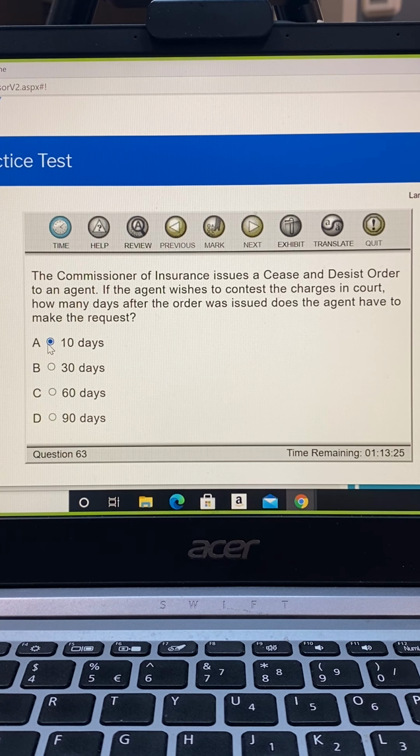I think I missed this one on the practice test because I had picked 10 days, but I think 10 days is the set amount of time for the commissioner to have a hearing, unless they agree to do it longer. So maybe 30 days. Let's go with your first thought, which is 10, and if it's wrong, they'll tell us later.